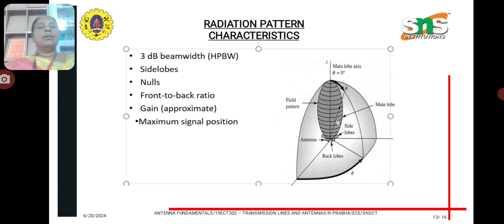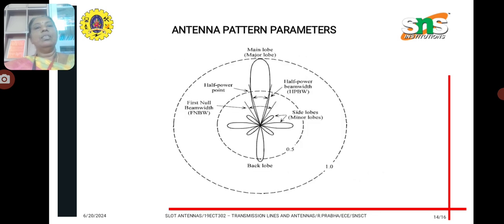We have another parameter called null, where the radiation is minimum. Another important parameter is front to back ratio. It is the ratio of radiation at the front side of the antenna to the back side. And gain, the maximum signal position.